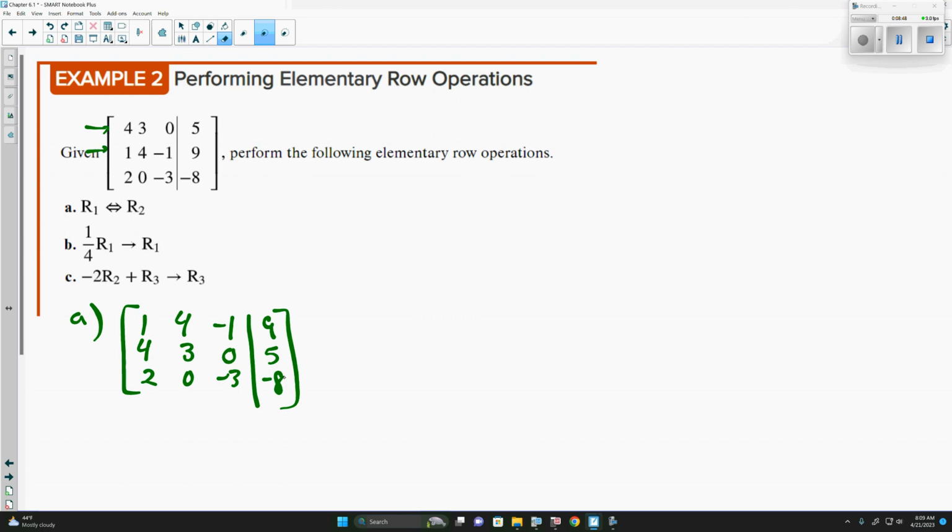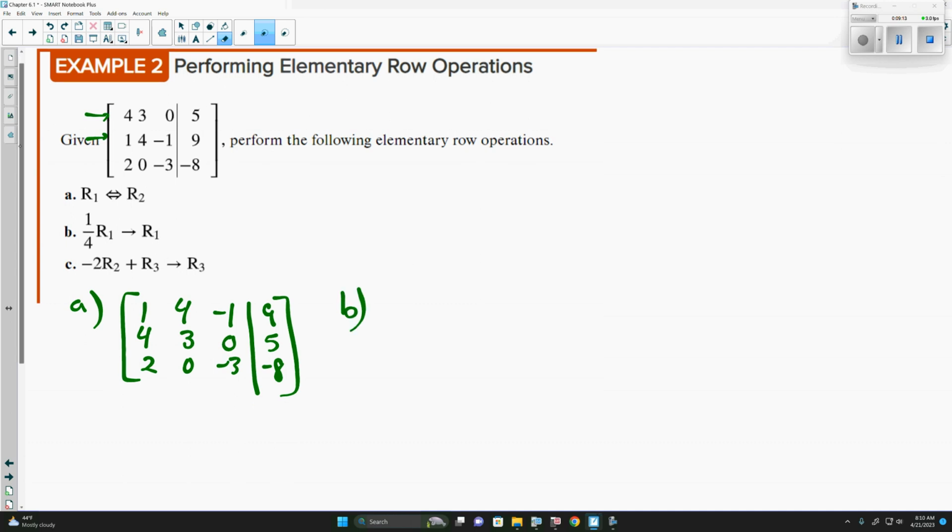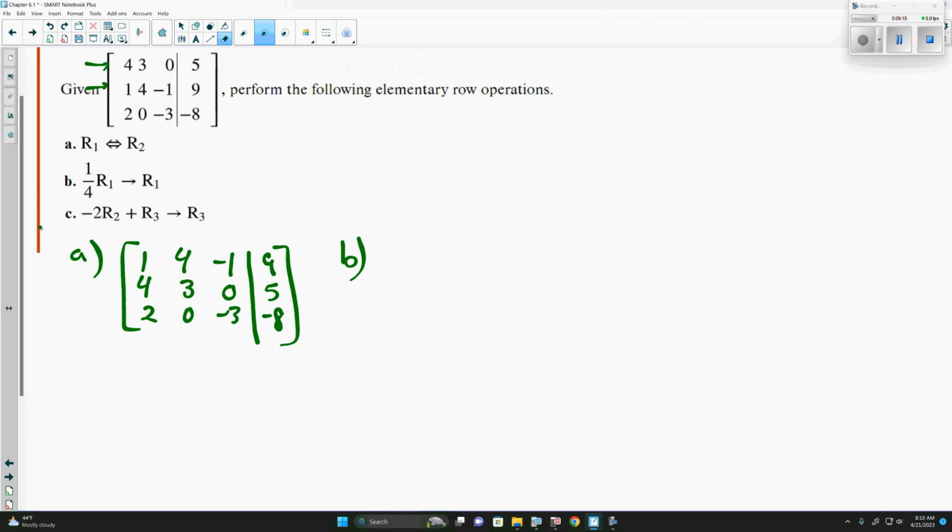Since we didn't do anything to the third row, it stays the same. Any questions on A?